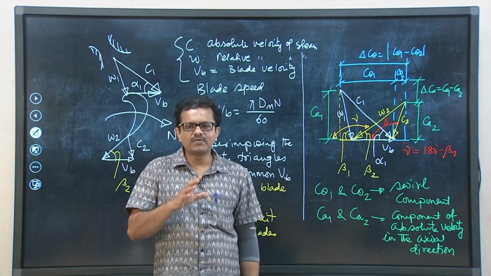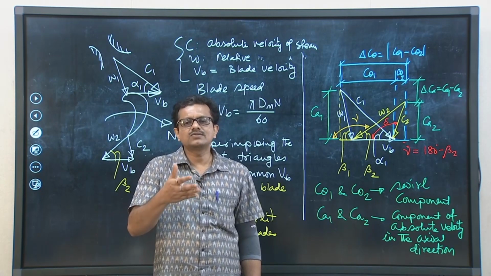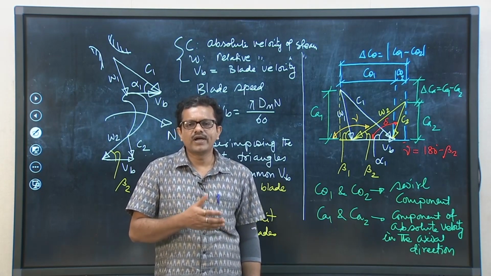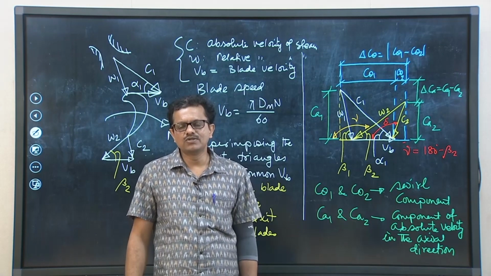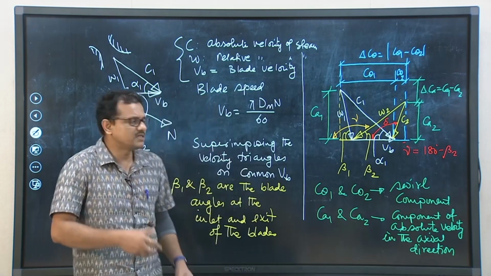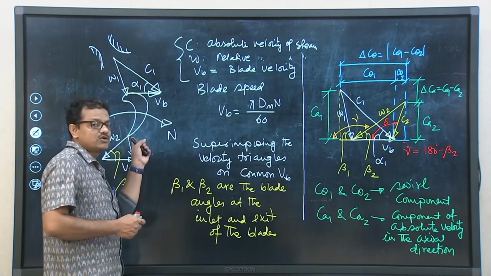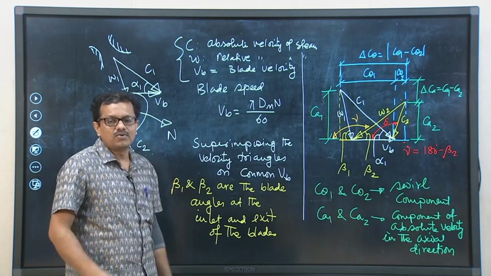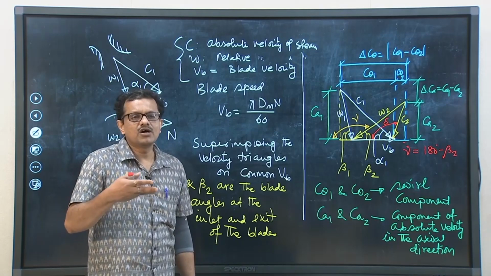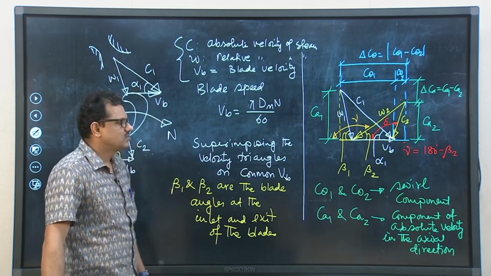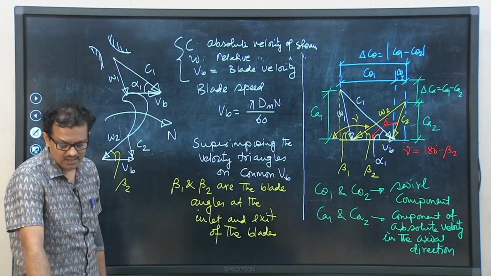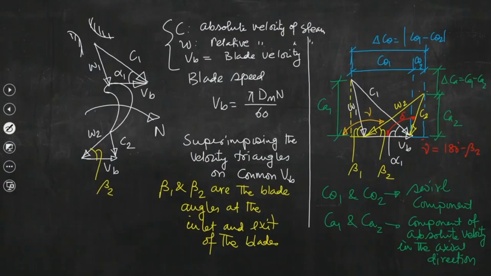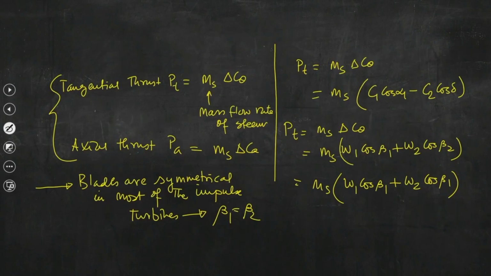That provides a resistance to the flow of steam, and because of this W1 is not equal to W2. W2 is always less than W1, and the ratio of relative velocity of steam at exit to that at inlet is known as the blade friction coefficient.